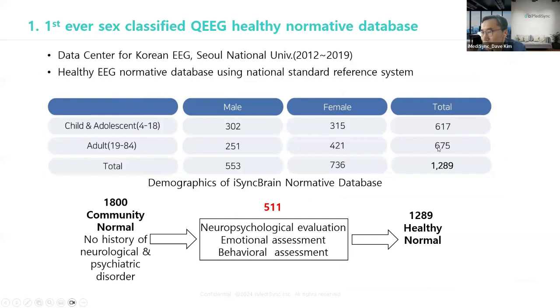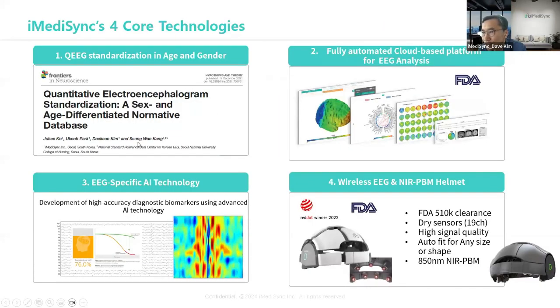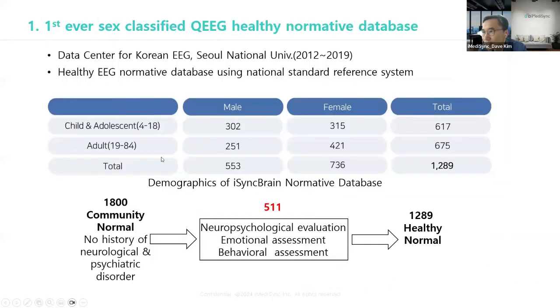I will briefly introduce this core technology in a little more detail. The health normative database, as you see here, the total number of the health normative. Actually, we recruited 1,800 normal population, but all the population went through psychological, emotional, behavioral evaluation, and 1/3 of the population was rejected as the healthy normal.